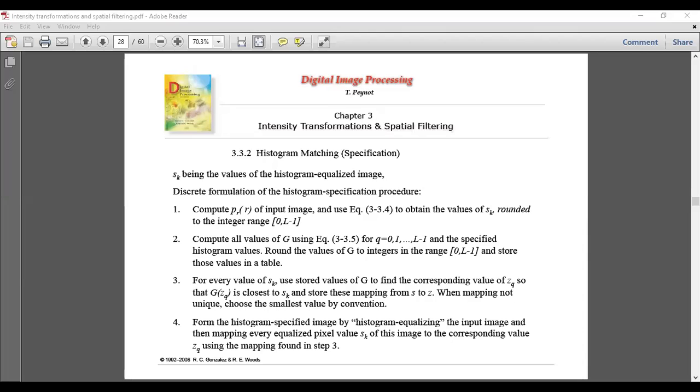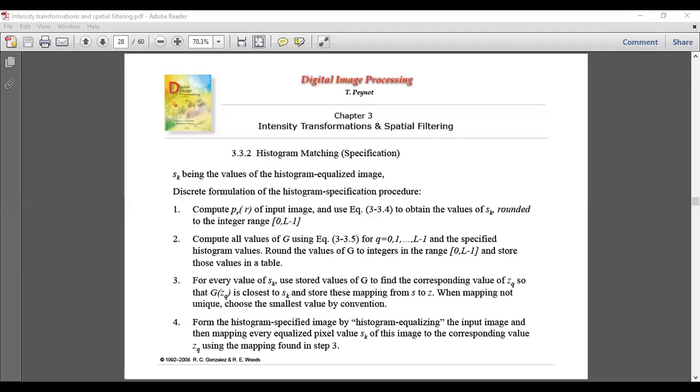Anyway, let me have an image. IM is equal to, let me have an image. Let me put the values: 0, 0, 1, 0, 1, 0, 2, 1, 0, 1 2 3 4, 0 0, 3, 1.